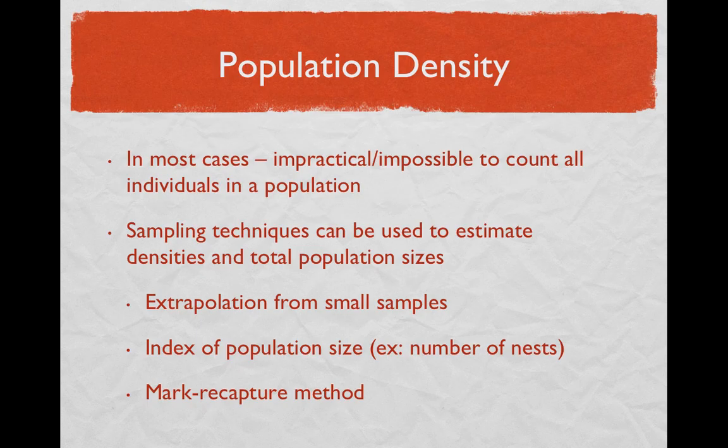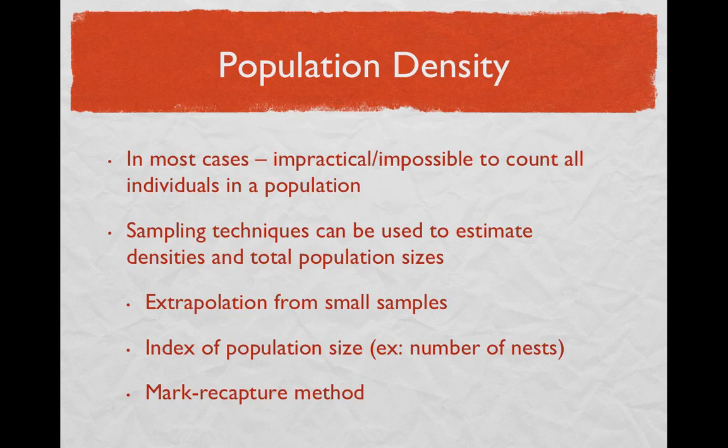Where if you've got organisms who are moving, all right, your birds, mammals, reptiles for that matter, sometimes it's more practical to take a look at these indexes, such as your nests. All right, I can go count the number of nests in a particular spot in the forest, and then I can even use that to extrapolate up. So a lot of these get used in conjunction with each other as well.